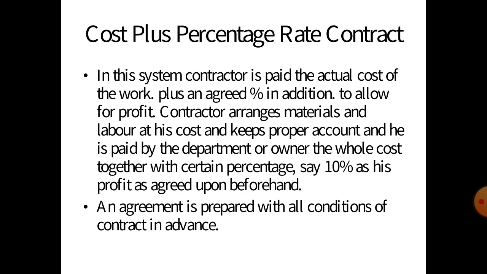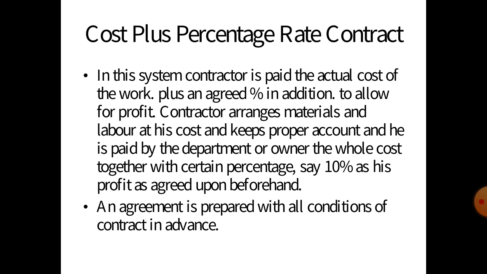Now another type of contract is a cost plus percentage rate contract. So in this system, the contractor is paid the actual cost of the work plus an agreed percentage in addition to allow for the profit.